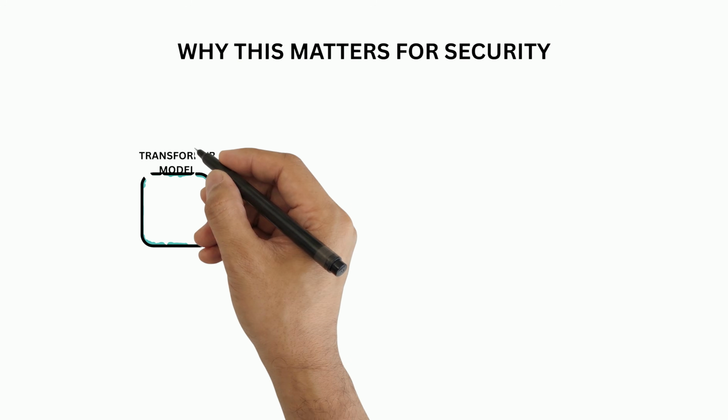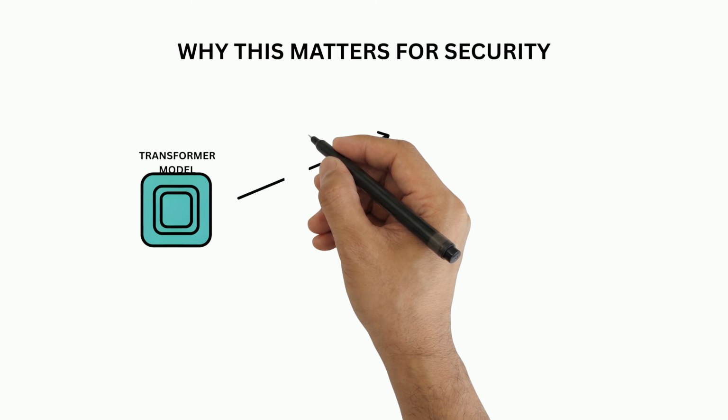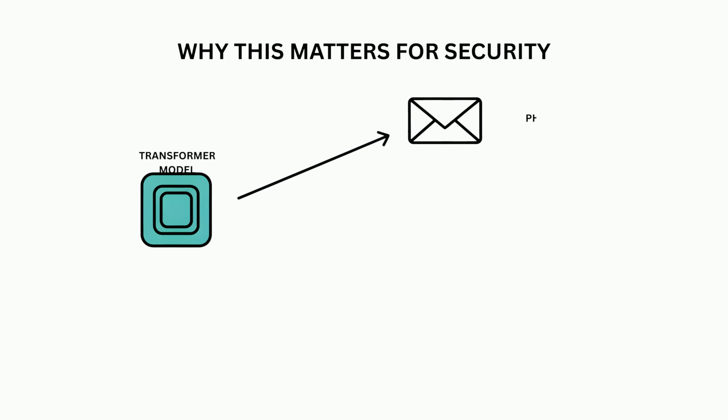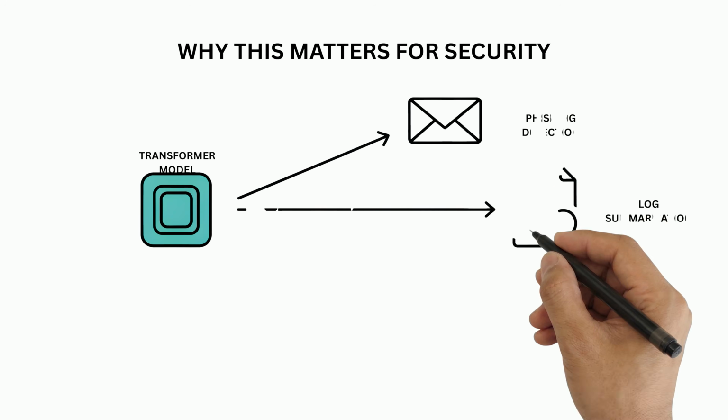This architecture matters directly for your job. The same transformer that generates fluent text can write a convincing phishing email in seconds, which is exactly why attackers increasingly use it and why the best phishing filters now use transformers of their own to catch the subtle patterns.